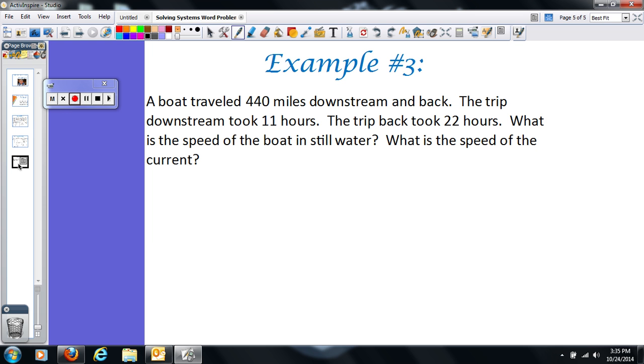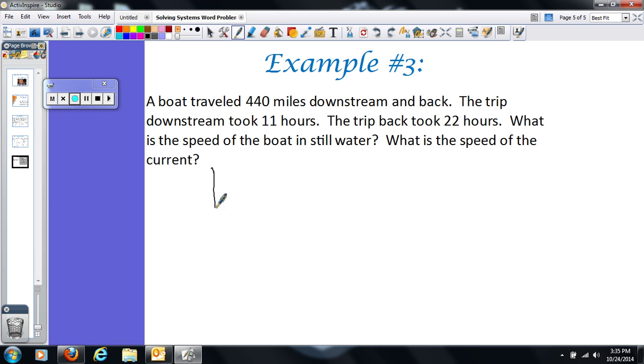Last but not least, I've got another distance, rate, and time problem for you. Regina says a boat traveled 440 miles downstream and back.